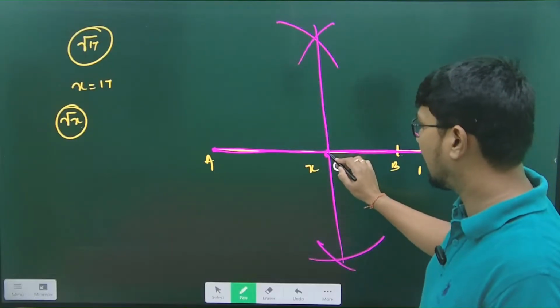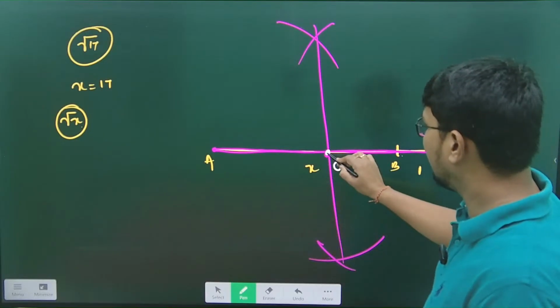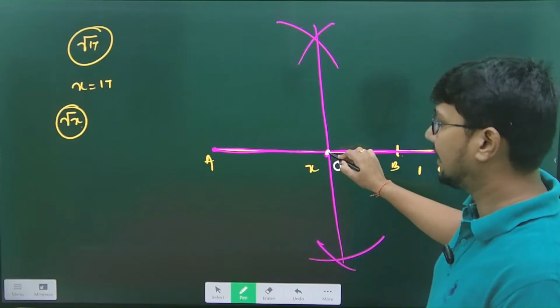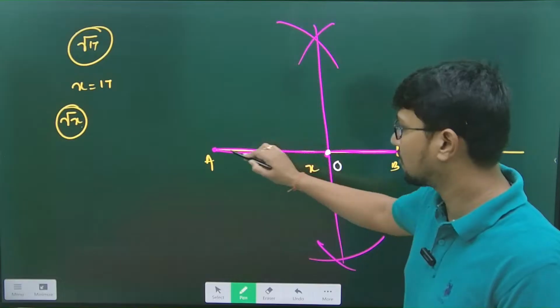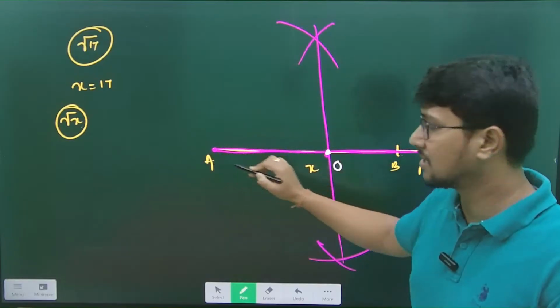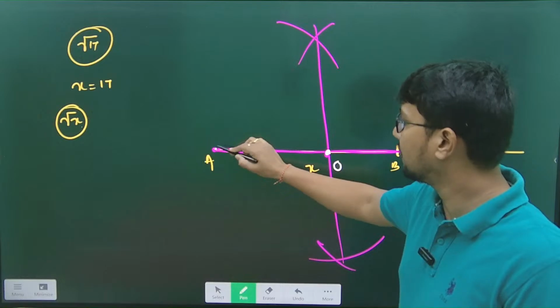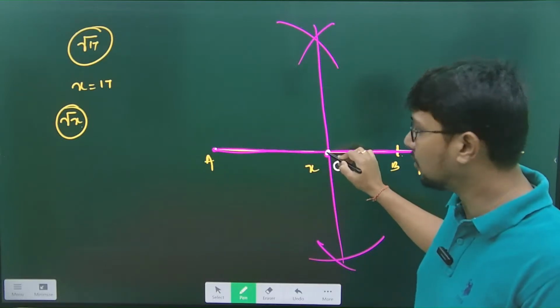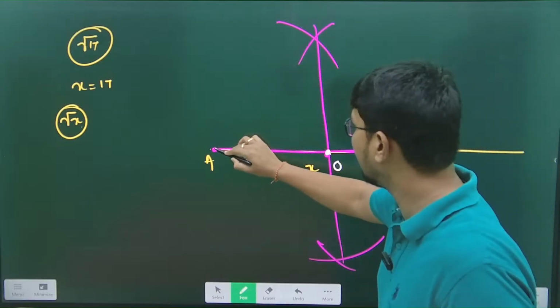Then after writing this is O, okay, you will take O as center and OA as radius. Then by taking O as center, OA as radius, you draw a semicircle like this.